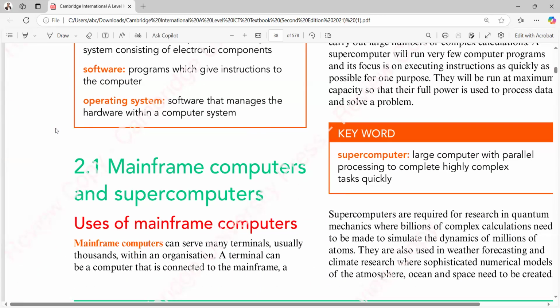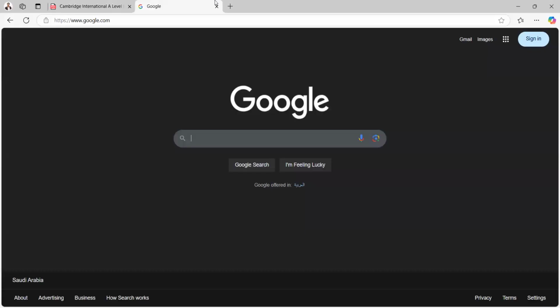Now, I'm going to discuss with you mainframe computers and supercomputers. So first of all, let's discuss what mainframe computers are.